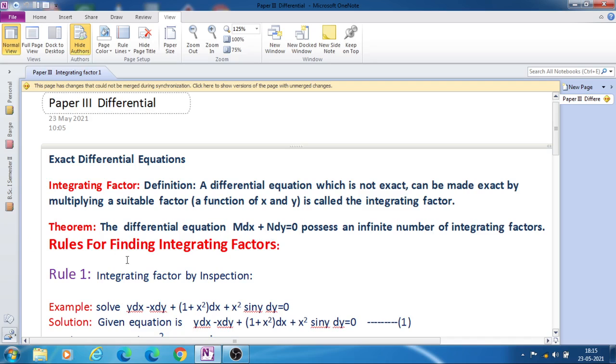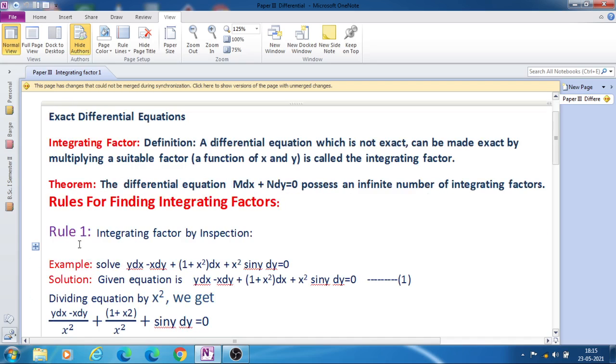Now we have to see how to find an integrating factor. There is no general rule for that, but here we have 4 rules for finding integrating factors. The first rule is integrating factor by inspection.